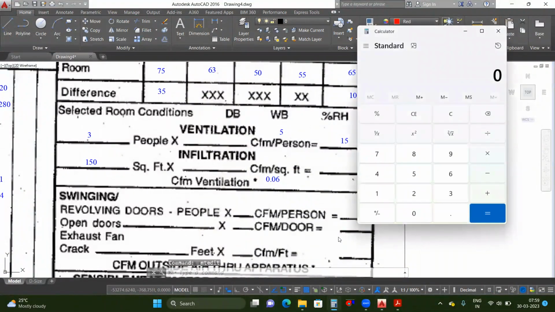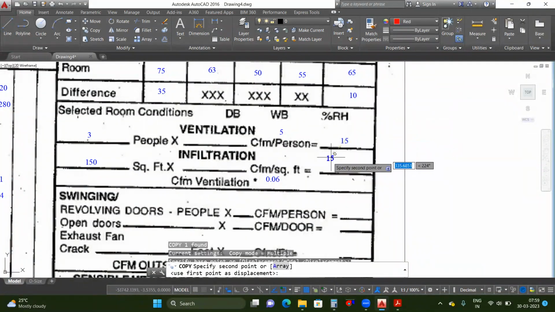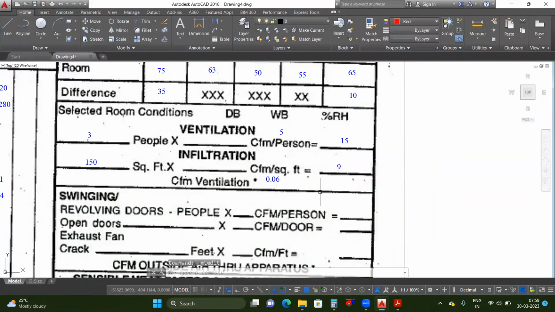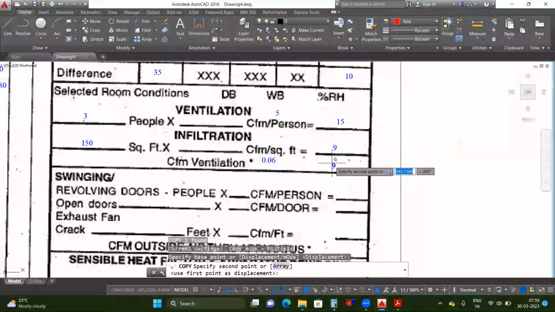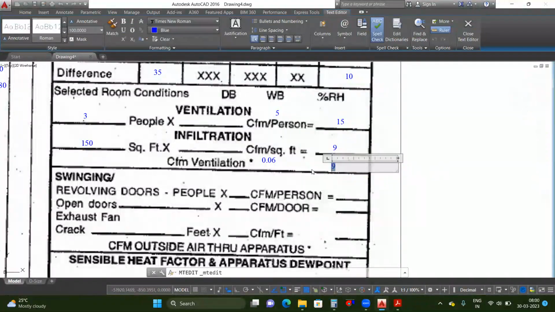So if you multiply 150 by 0.06, we will get 9. Okay, so we need to add this. So 15 plus 9, it will be 24. So 24 is our fresh air CFM, 24 CFM.